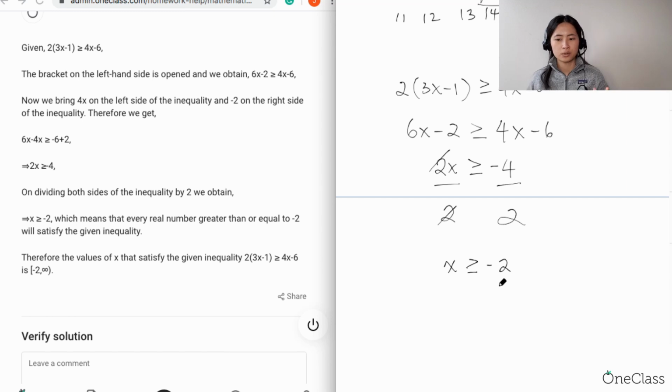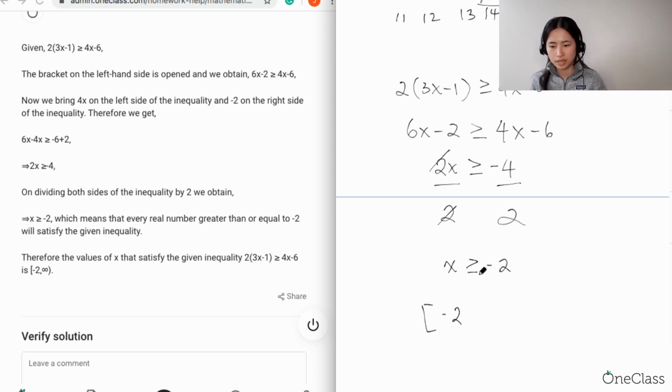Now, instead of leaving your final answer as x greater than or equal to -2, which is fine, if your teacher is specifically asking for interval notation, which they've included over here, you can say this is -2, but in this case you're going to have a square bracket.